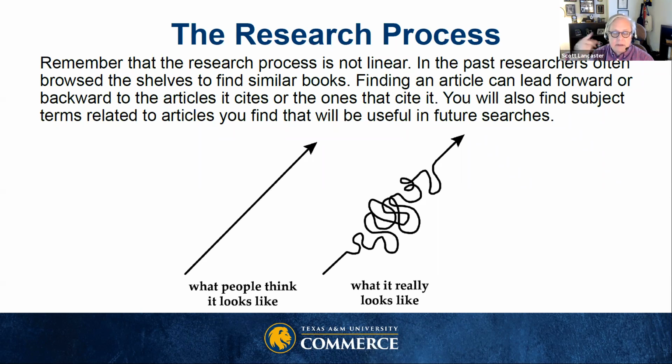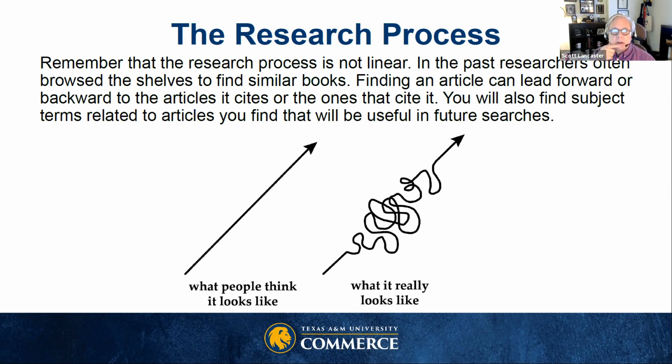Anytime you find an article that is really highly relevant to your topic, I always tell people, look at the articles that it cites. If you can figure out who cited it, look at that, because then you're going backwards and you're going forward in the scholarly conversation.